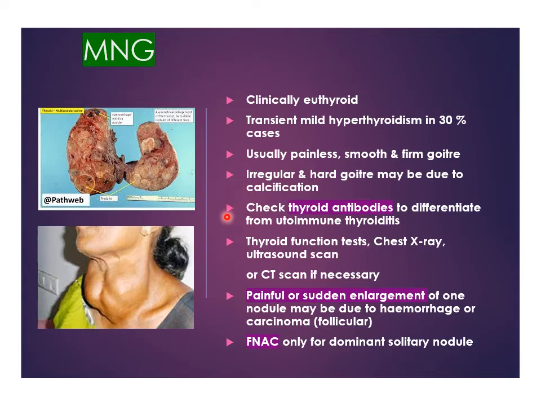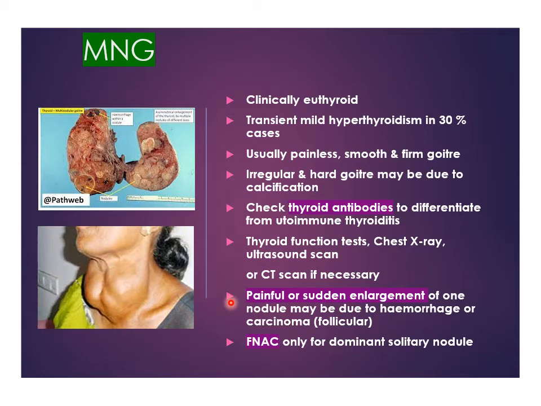These patients sometimes may have autoantibodies, so these patients must be subjected to autoimmune antibody studies. Thyroid function tests, chest X-ray, and ultrasound are the most common investigations for multinodular goiter. If there are pressure symptoms or if they are suspicious of malignancy, then a CT scan is necessary.